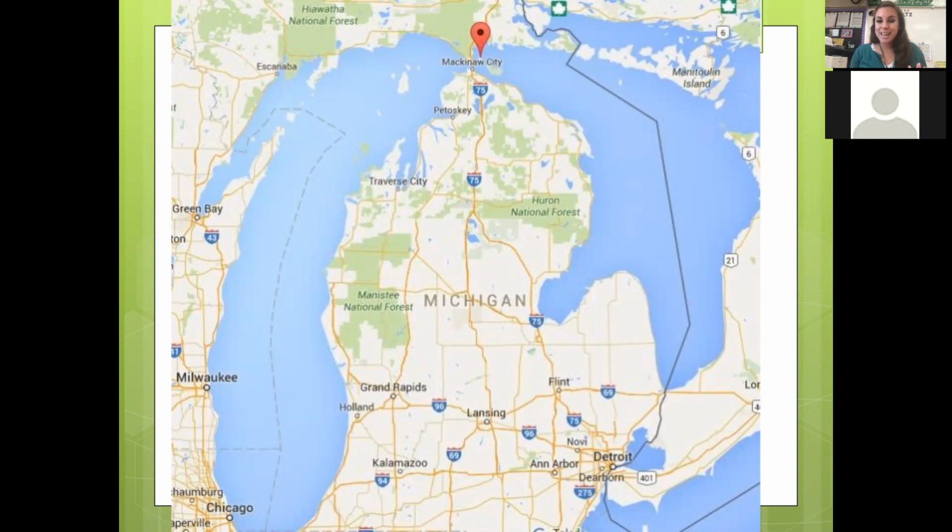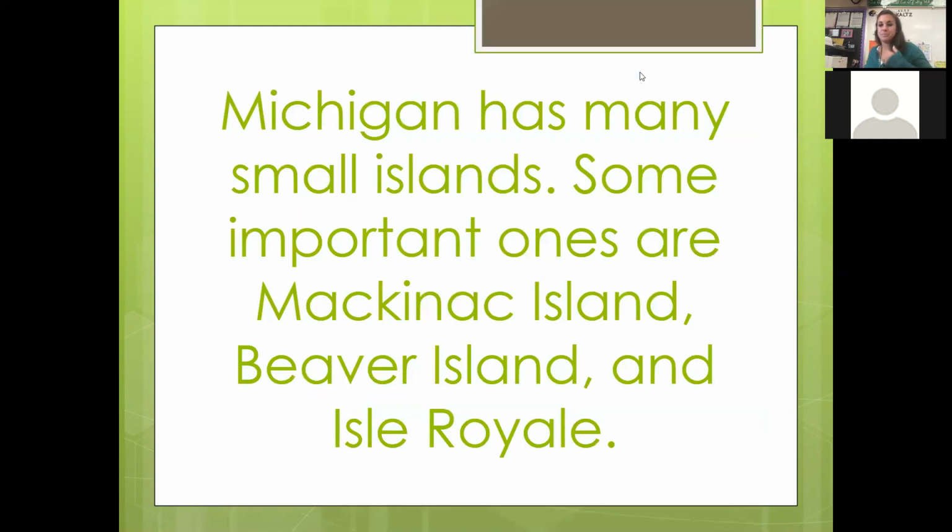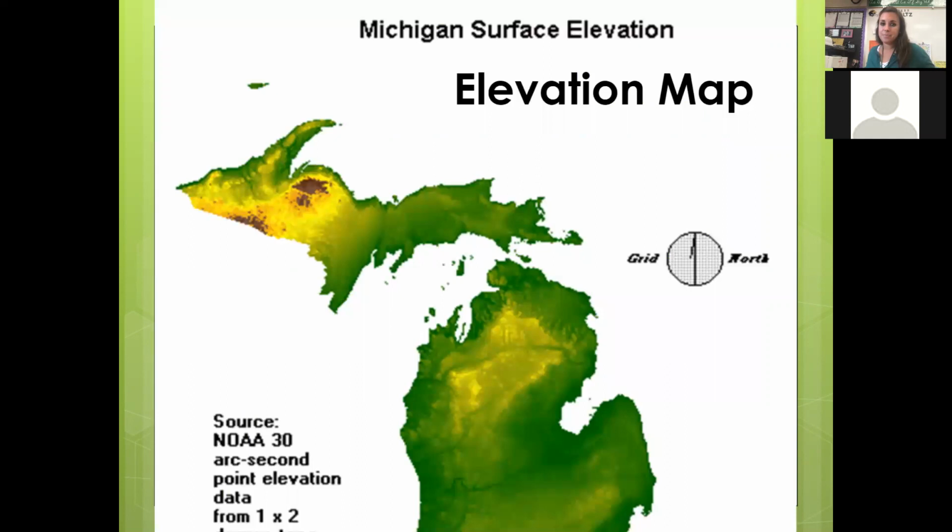So I'm going to stop you from counting because there are just so many islands. All of these little things are islands that belong to Michigan. So Michigan has many small islands. Some are very important and well known, like Mackinac Island, Beaver Island, and Isle Royale.